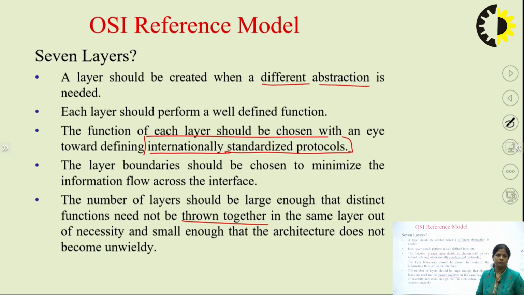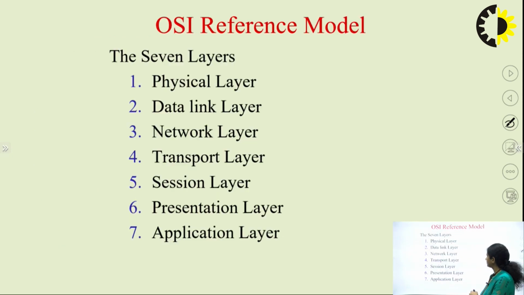So it should be usable. The number of layers should not be so large that there is a mixing and it becomes a mess. And it should not be very small either, so that the architecture does not become unwieldy. So that's what we have seen.